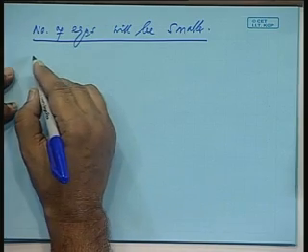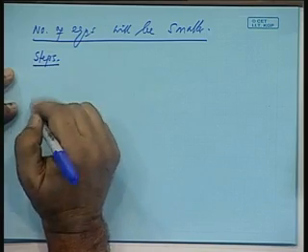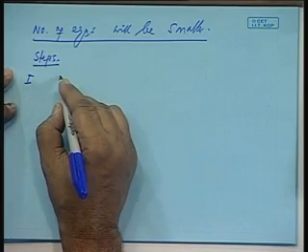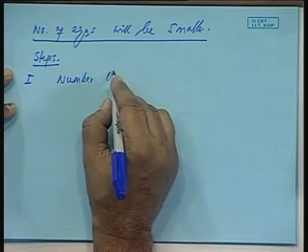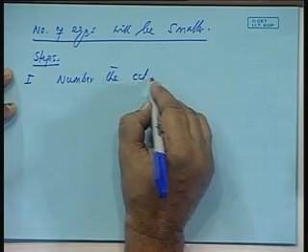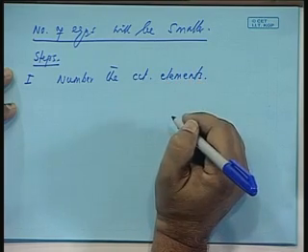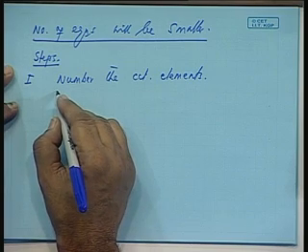So, we follow the following steps. 1, number the circuit elements, take a real generator.